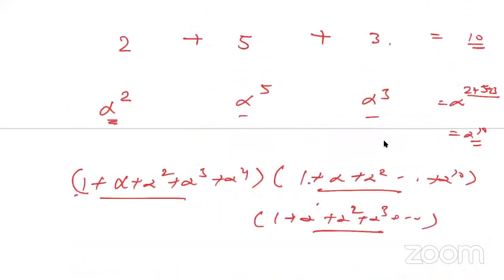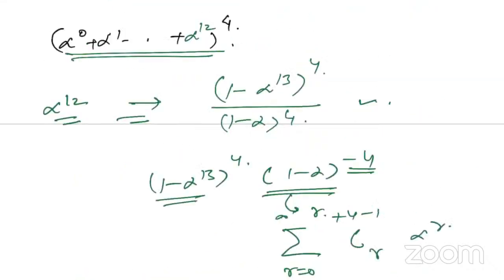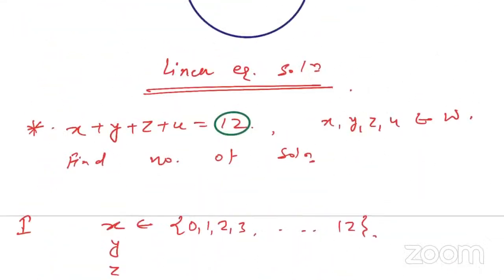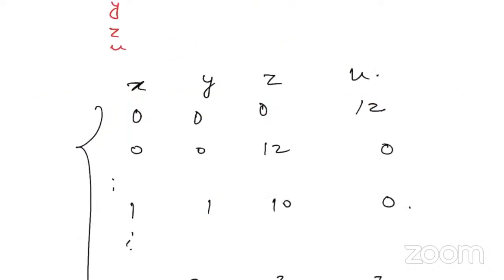Okay. Now, this is the first method, how you are solving this. Now, the second method for the same question: x plus y plus z plus u is equal to 12, and then we have to solve for x, y, z, and u.